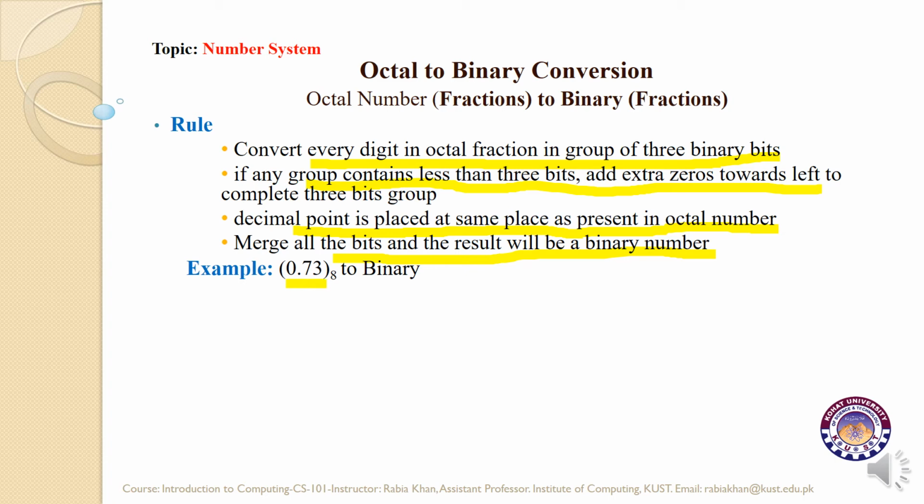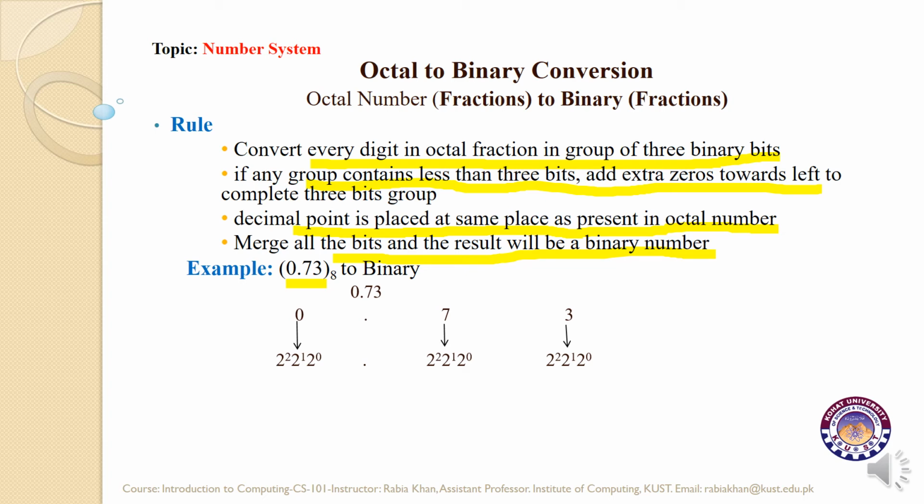0.73 is the given octal fraction, and we have to convert it into a binary number. So how can we do it? This is the given number. Every digit is written separately, as we have to treat every digit individually. So first we split every digit into a group of 3 binary digits, as we just performed in the previous slide.